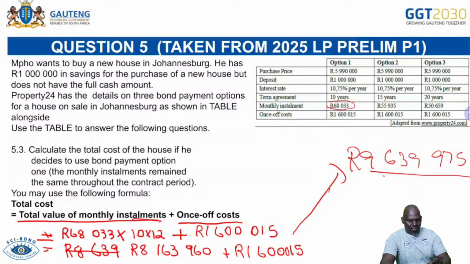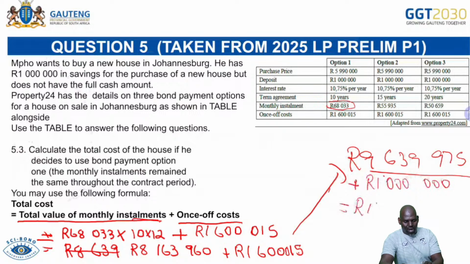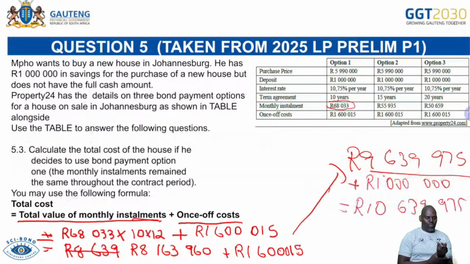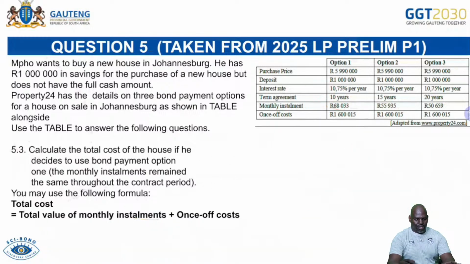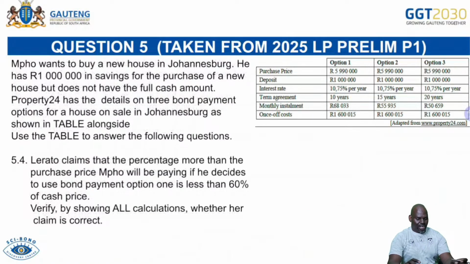So to be on the safe side, we can also say plus the deposit, which is 1 million, or the total cost plus 1 million. This will give us 10,639,975. So that will be the answer of number 5.3.